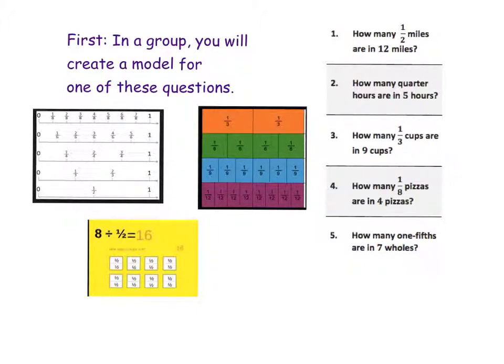It could be an area model, it could be fraction bars, it could be a picture, like if you want to draw a picture of 4 pizzas, whatever you want to do to model this.